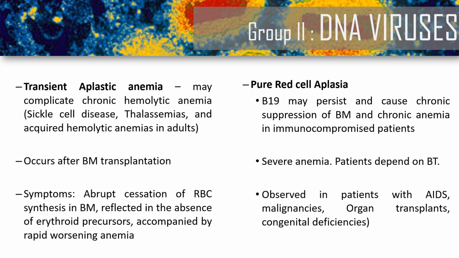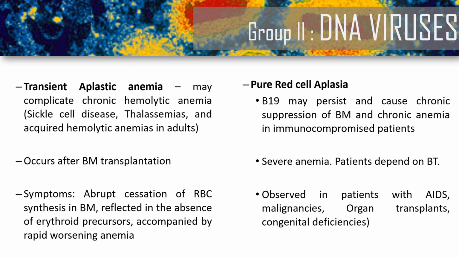And of course, after bone marrow transplantation, and then symptoms include abrupt cessation of red blood cell synthesis in bone marrow, reflected in the absence of erythroid precursors, accompanied by rapid worsening of anemia. So therefore, class, you need to be careful with parvovirus B19 because the virus targets the precursor cells.